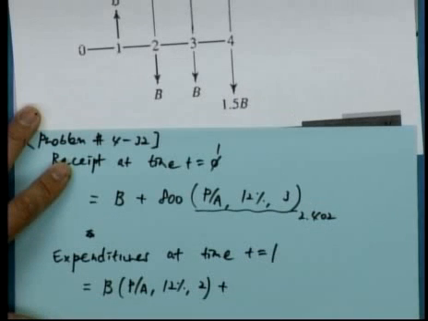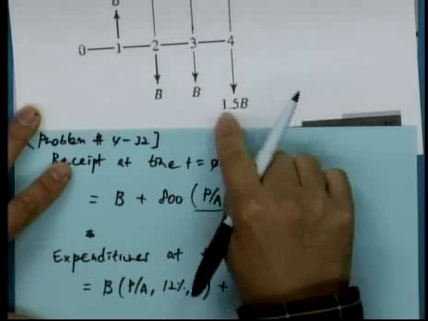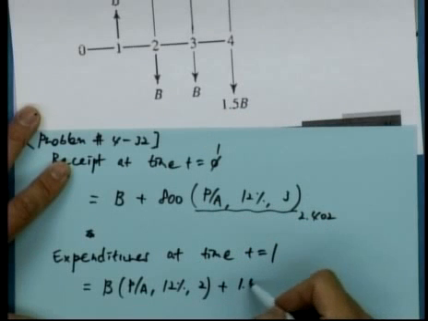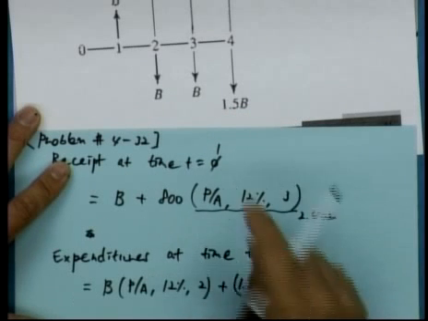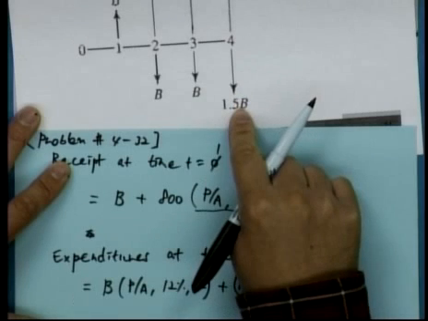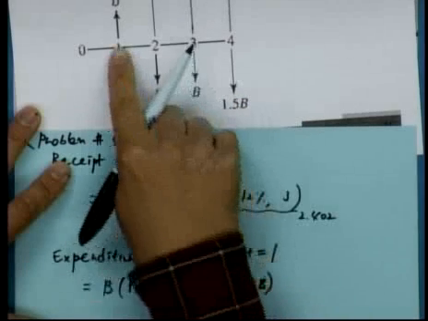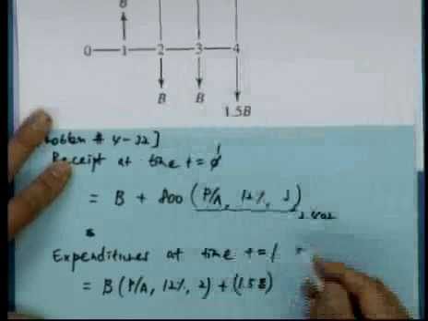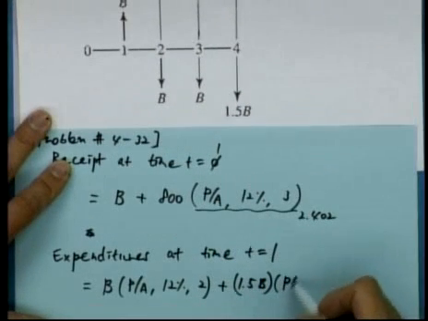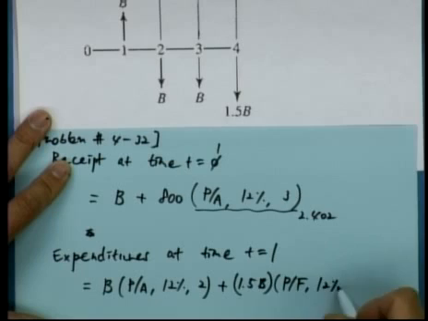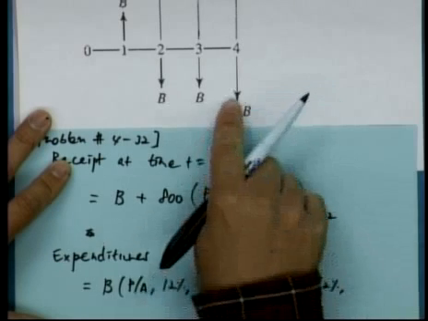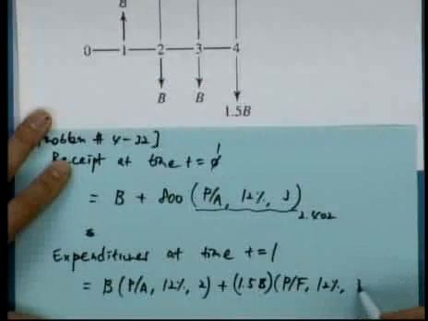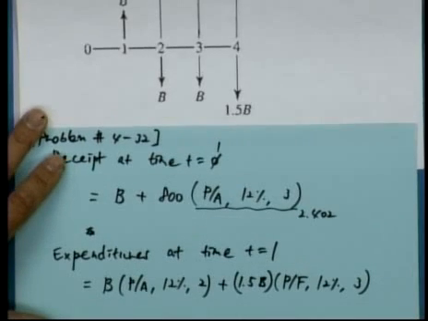Plus this 1.5B. This future sum can be converted to the equivalent present sum at time t equals 1. So P given F 12% over how many periods? 4 minus 1 is 3, right? Over 3 periods.